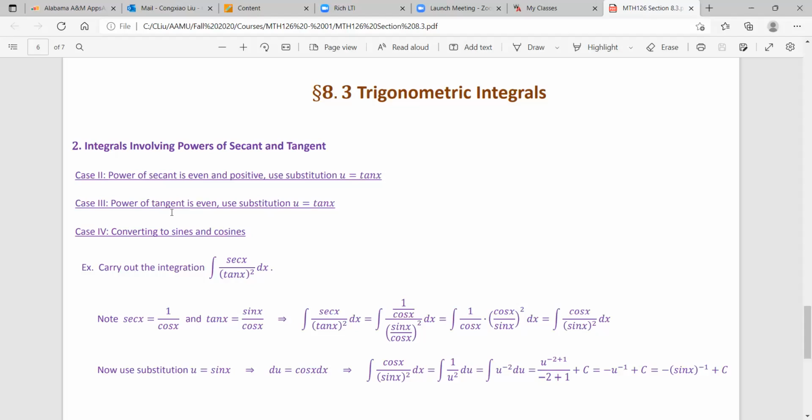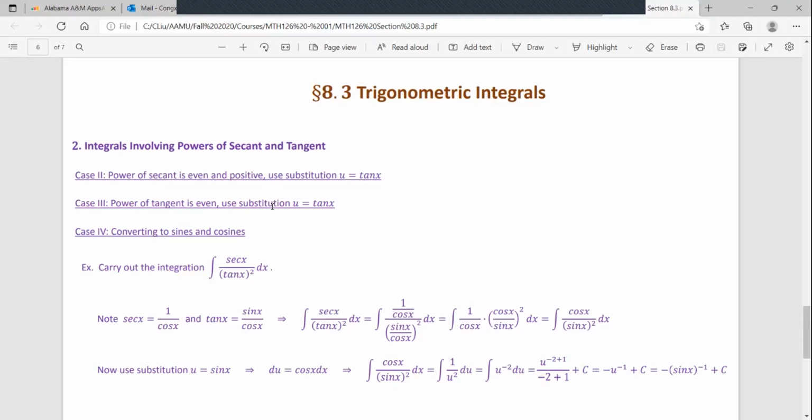And that's always a good approach. Okay, so case 4. So let's just do one example by using this approach. We're not going to repeat the procedure or examples for case 2 and case 3. They're just parallel to case 1.